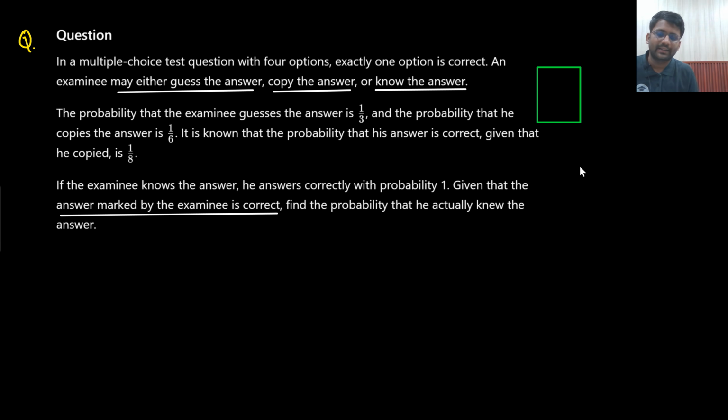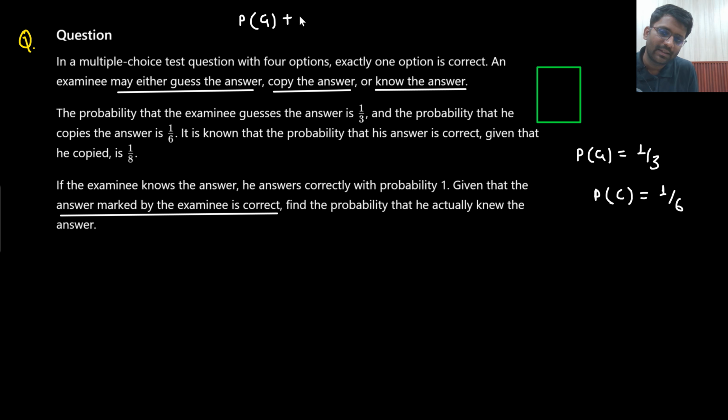Probability of guessing the answer is 1 by 3. Probability of copying the answer is 1 by 6, and this is given. Now only 3 things he can do: guess the answer, copy the answer, or know the answer.